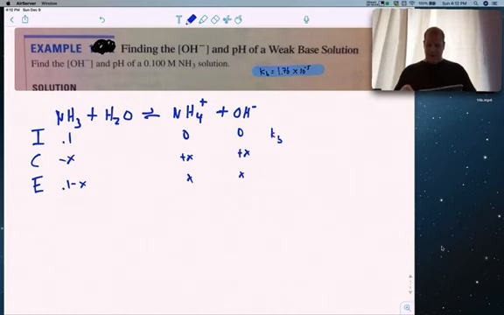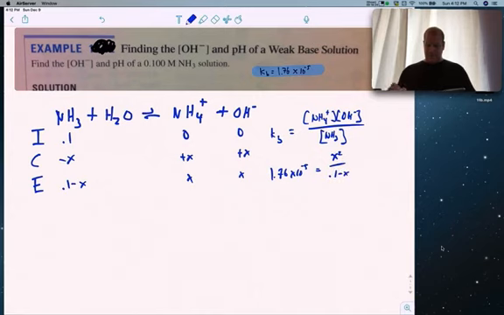Our Kb is going to be ammonium times hydroxide, all over NH3. So 1.76 times 10 to the minus 5 equals x squared over 0.1 minus x.